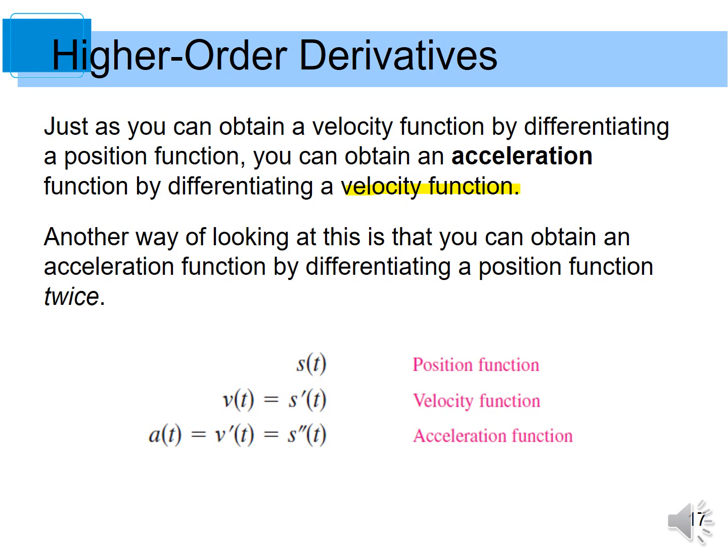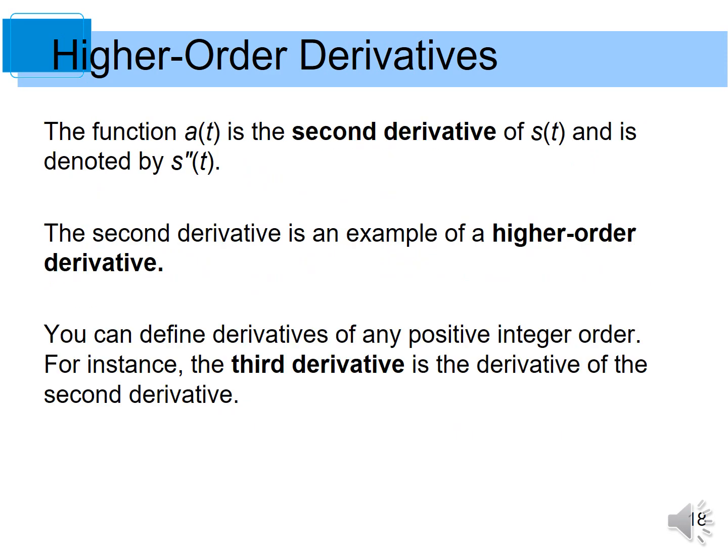The acceleration function a(t) is the second derivative of s(t) and is denoted by s double prime of t. The second derivative is an example of a higher order derivative. You can define a derivative of any positive integer order.